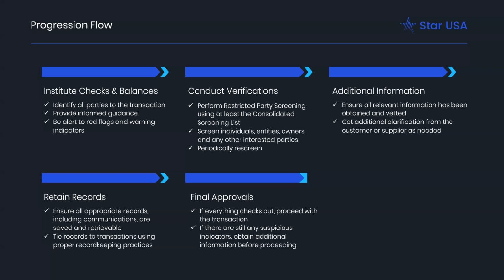You also need to retain your records, ensuring all the appropriate records, including your communications, are saved and retrievable. And you want to tie your records to specific transactions using smart record keeping practices.